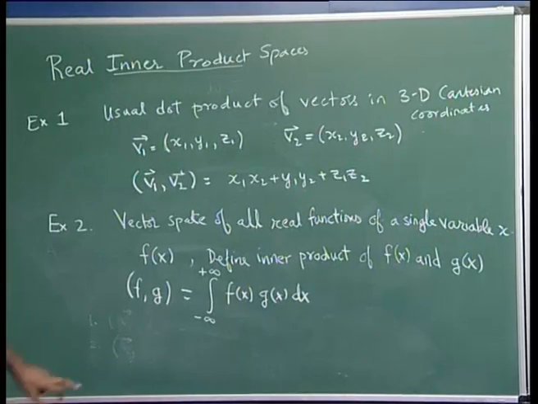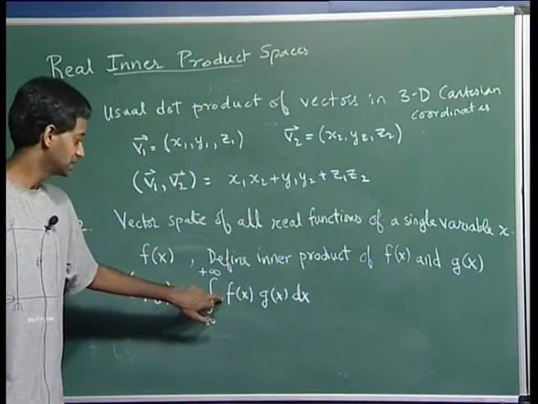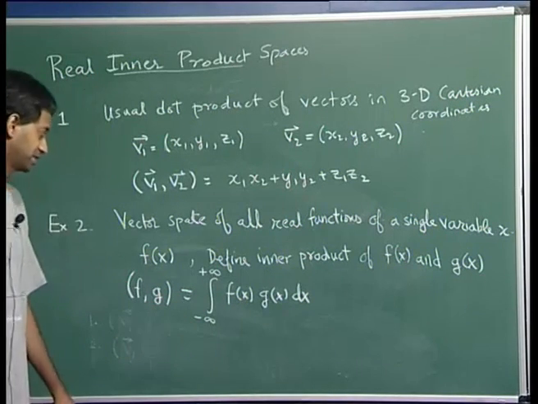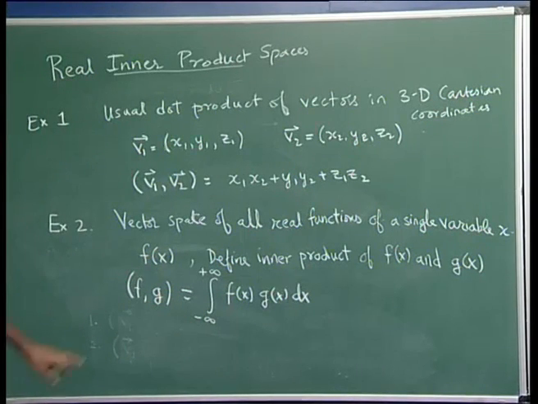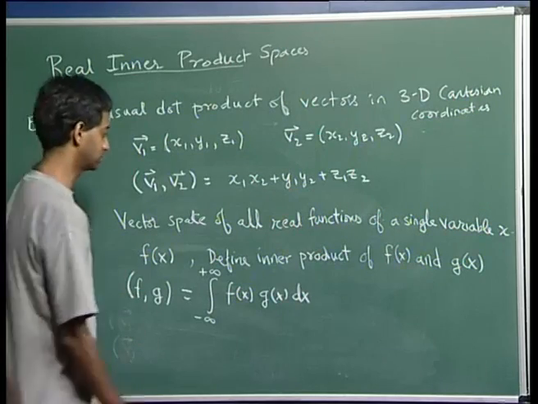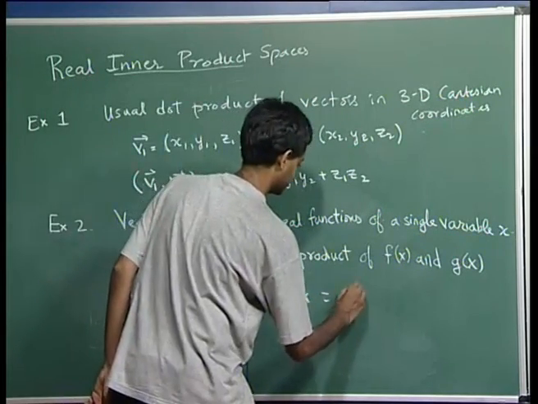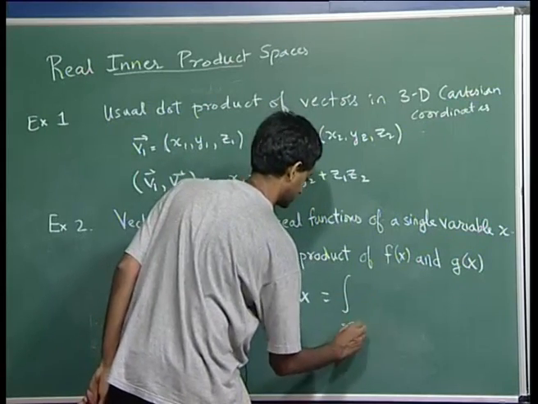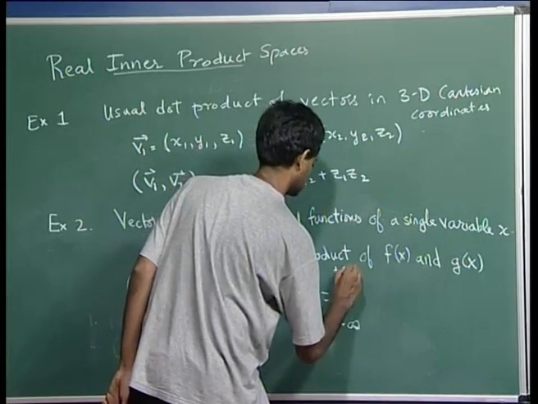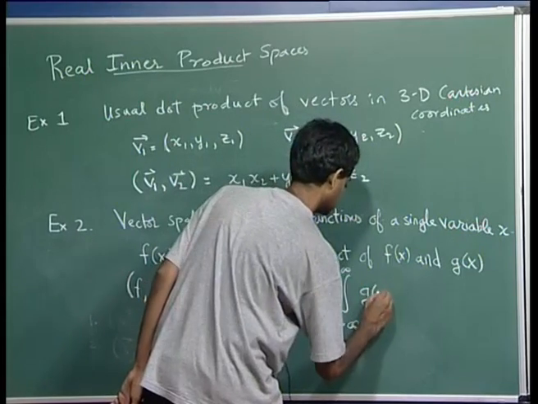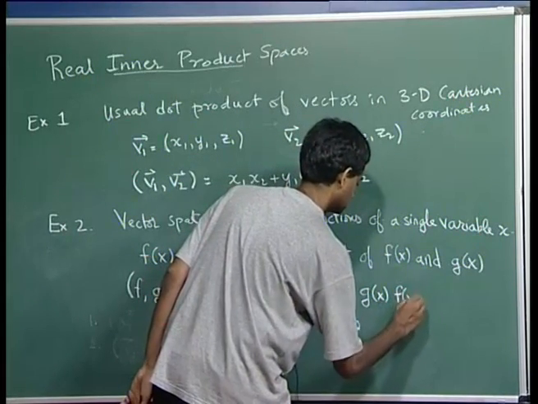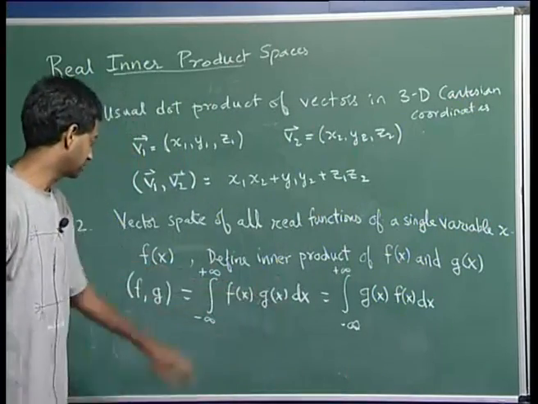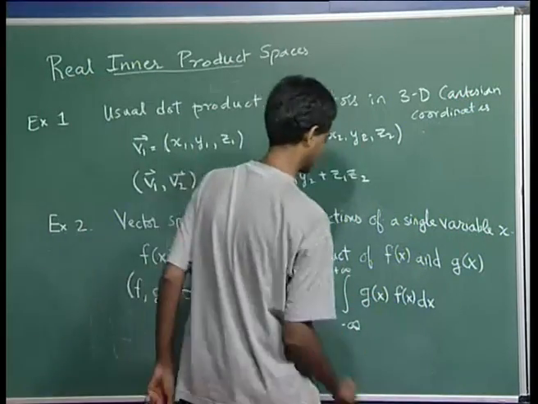In order to verify that this is a valid inner product, you will see if it satisfies the axioms of an inner product, and the first axiom is f comma g should be equal to g comma f. You can clearly see that I can always switch the order of f and g, and so I can write the integral in this form.